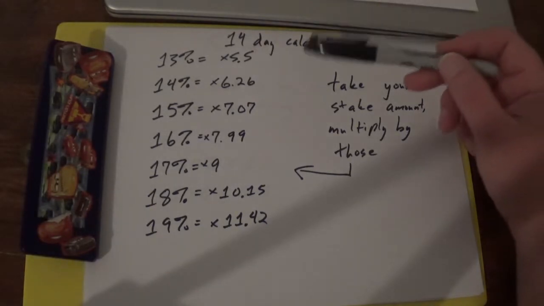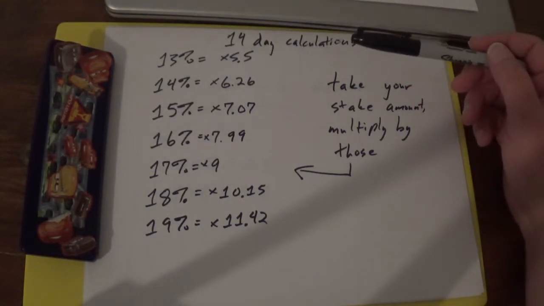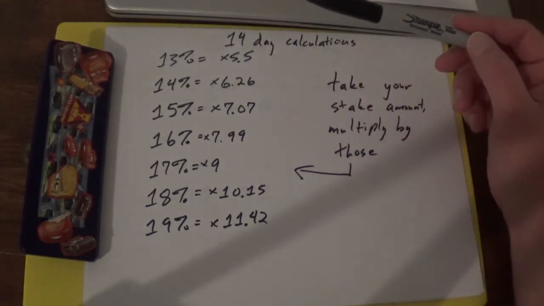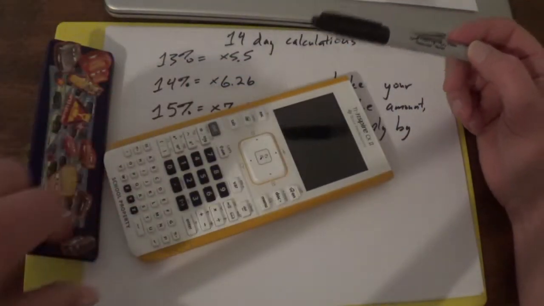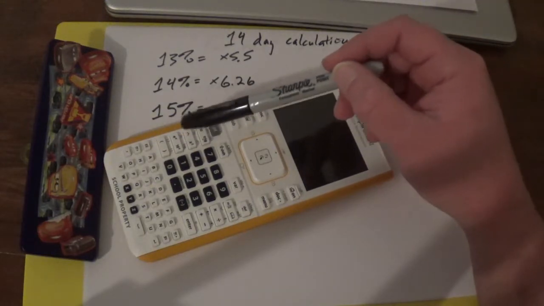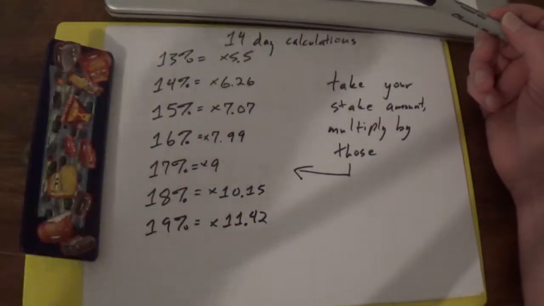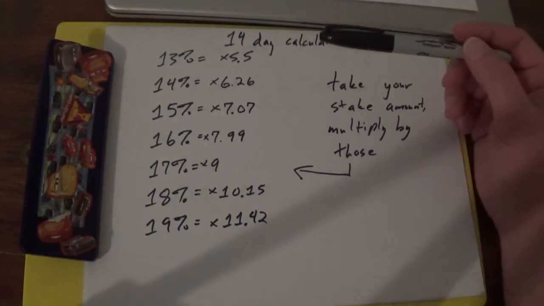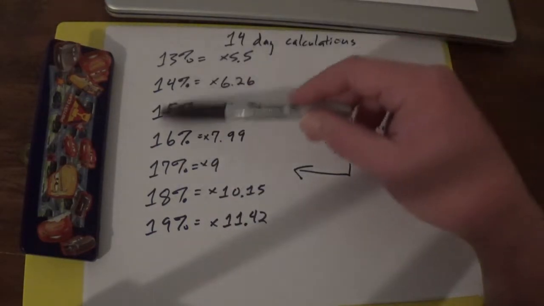So for your 14-day calculations, if it's 13%, see, I have a fancy calculator that does exponents and stuff on it. I'm making it easier. You guys can just multiply this stuff on your phone. It's not that hard. All right, so pay attention to these numbers here.